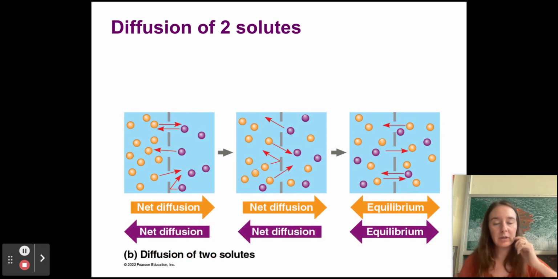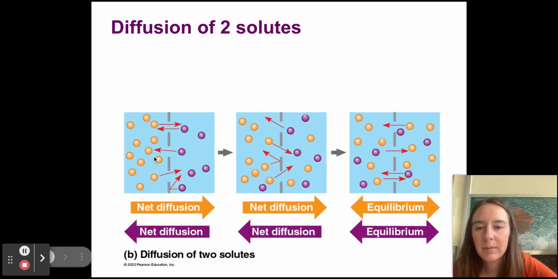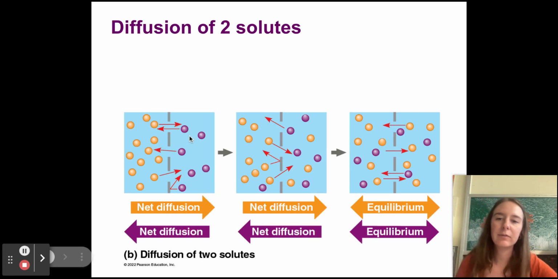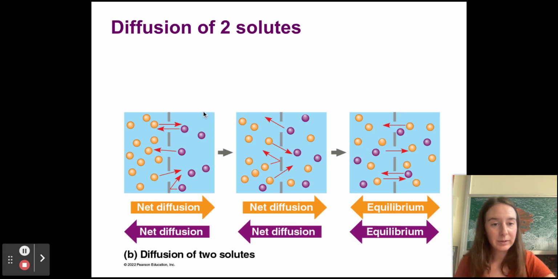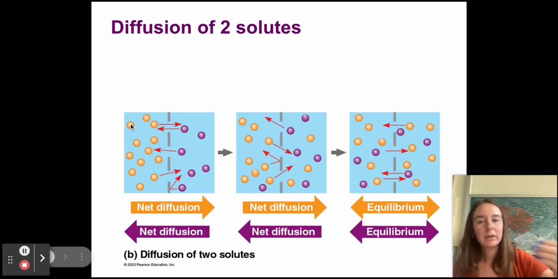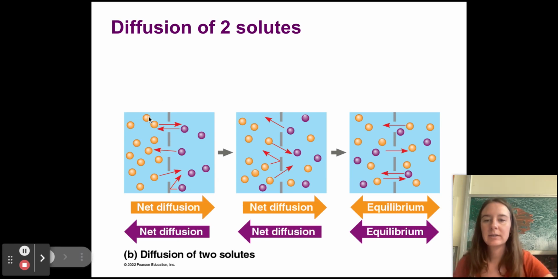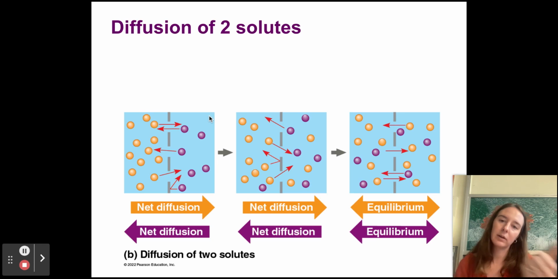Now, let's say you have two solutes. Solutes are the particles that are dissolved in some solution. Here we have orange and we have purple. Notice that over time, the purple molecules have a higher concentration on the right but a low concentration on the left, so they're going to diffuse to the left. The orange has a high concentration on the left-hand side but low concentration on the right, so they're going to go to the right.